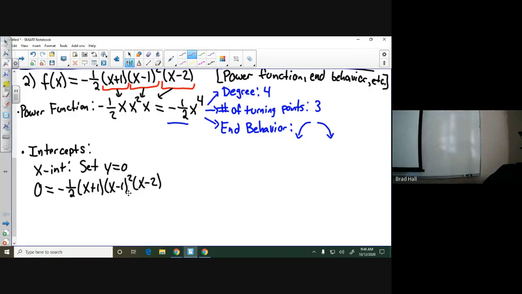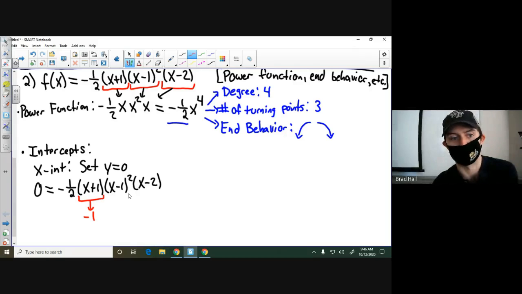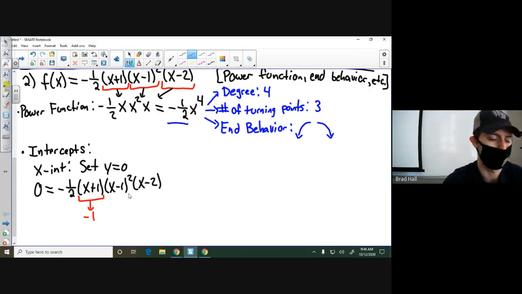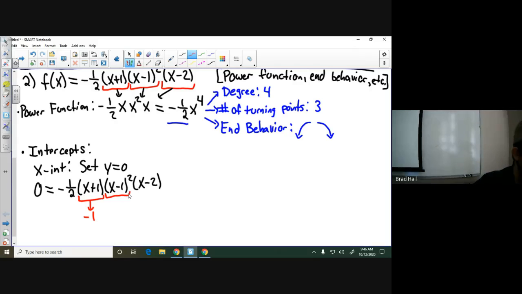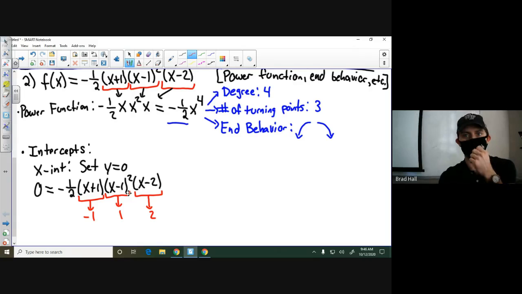So in other words, this factor gives us an x-intercept, or a 0 of -1. This one gives us +1. This one gives us 2. So those are the zeros of the problem. But remember, the zeros and the x-intercepts are the exact same thing. It means the same exact thing. It's just different wording.